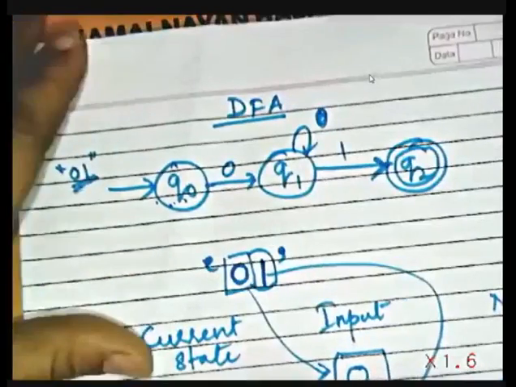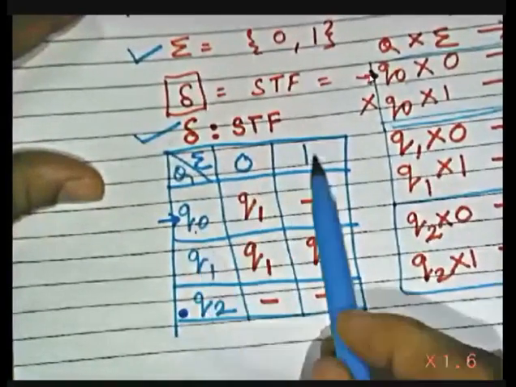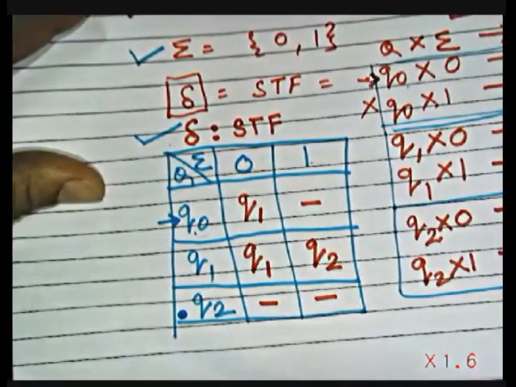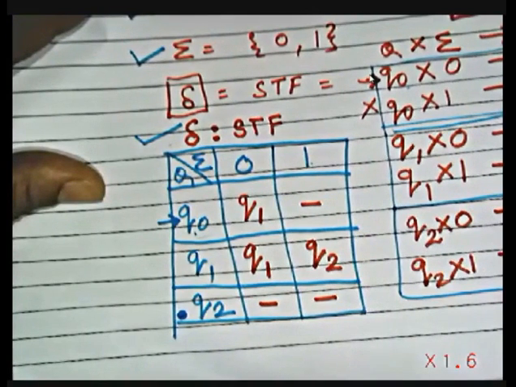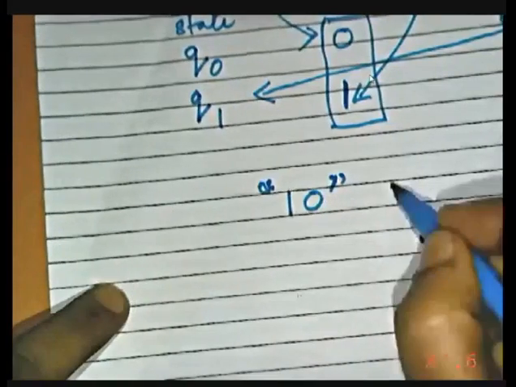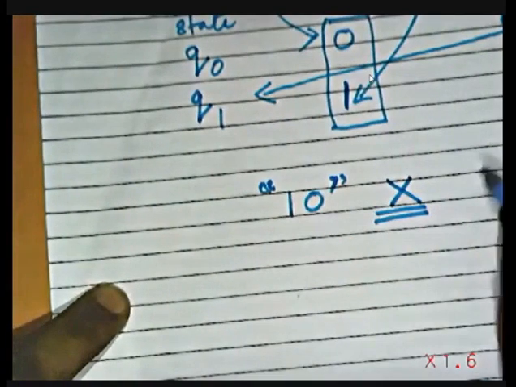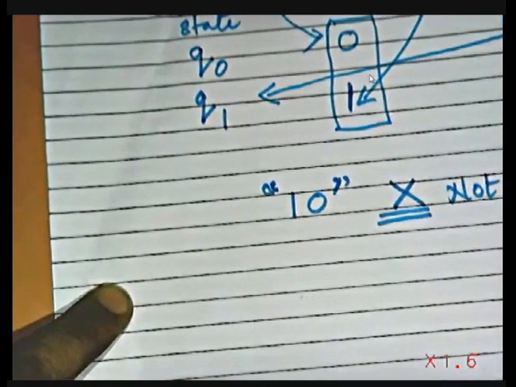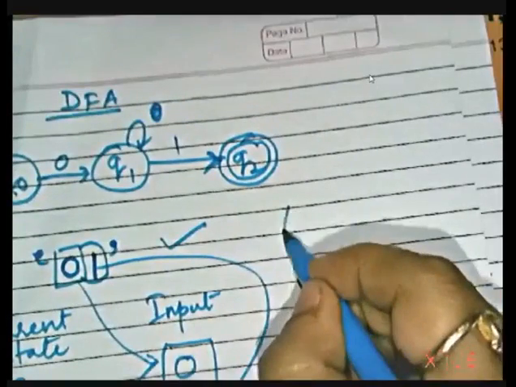That's why, as it is shown also in this, Q0 on 1 goes nowhere. So I am stuck now. I don't have any way to move ahead. There is no way to reach the final state. So I can easily conclude this particular string is not acceptable to the given finite automata, right? But this is acceptable.